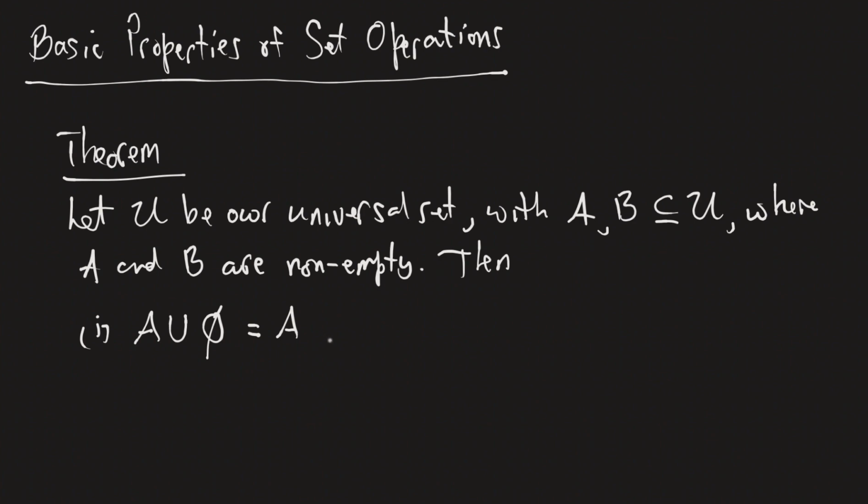And then similarly, let me go ahead and just list them vertically. If you do A intersected with the universal set, you're going to get back A, right?